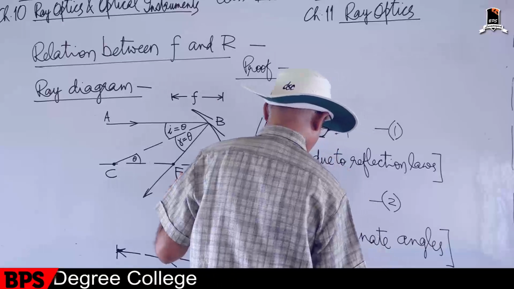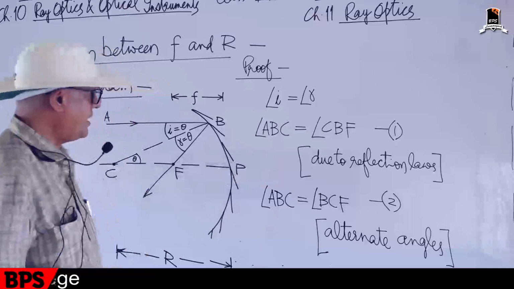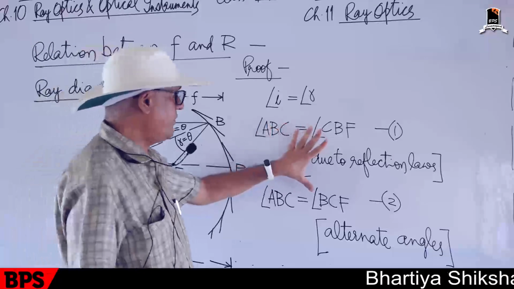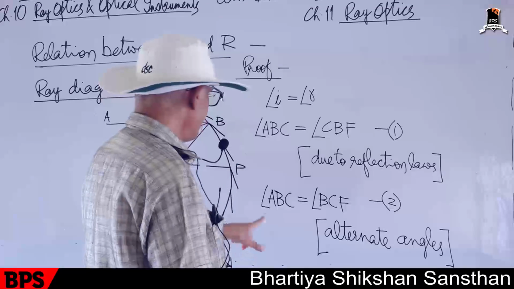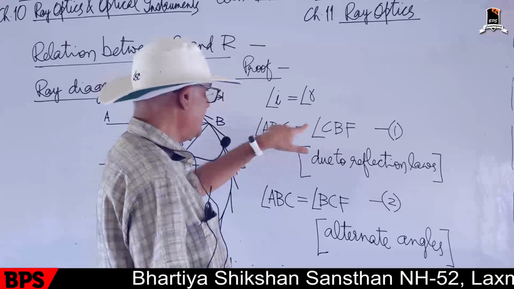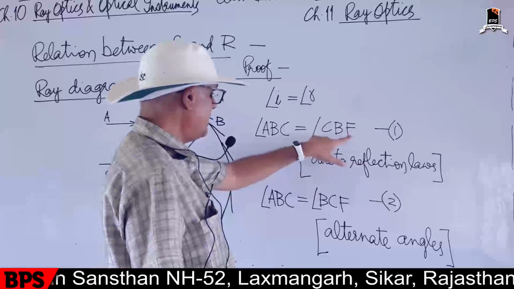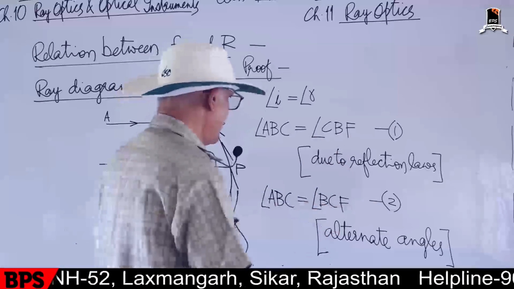Alternate angles. Now mix up equation 1 with equation 2. If you mix these two equations, then the left hand sides are equal, therefore the right hand sides must be equal. Means angle CBF is equal to angle BCF.